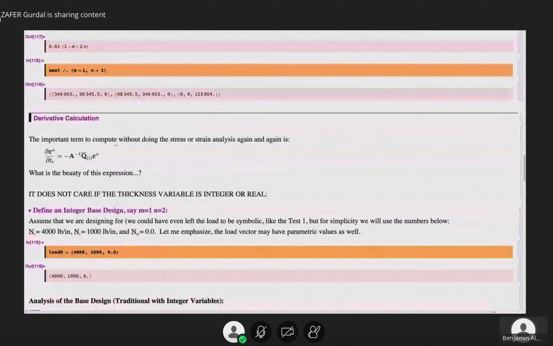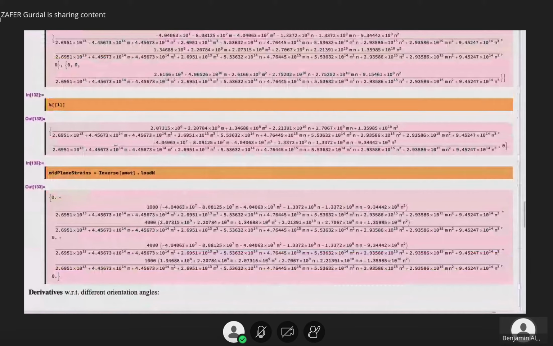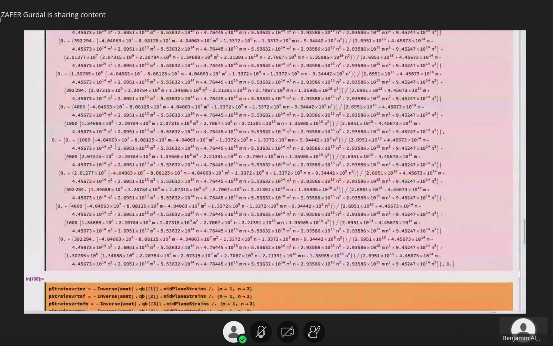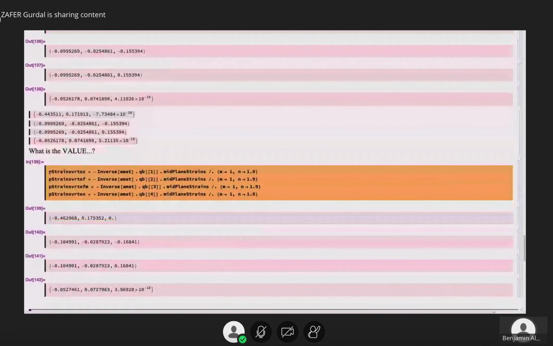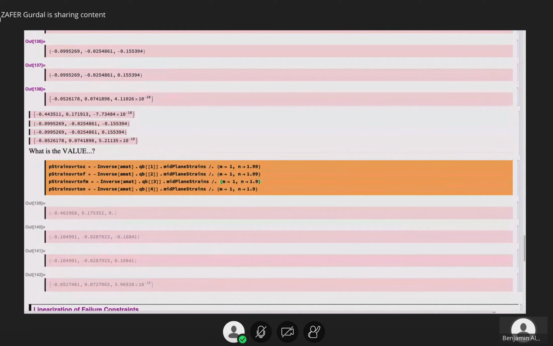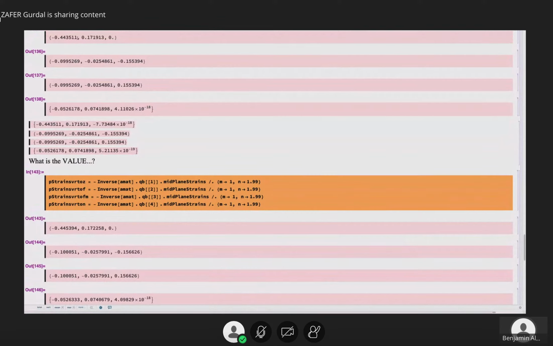So I execute the derivatives. Yes, I executed them, and we showed that you get the same results as the other approach. But we also showed that if you go to, say, 1.9, let's say make it 0.99, so that they're actually very close to these values, 0.44, which is for the integer value of n equals 2. So you can see that they are very close.